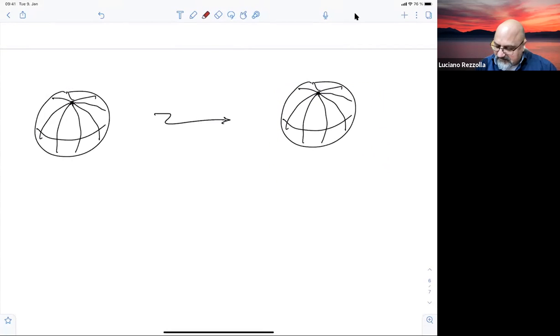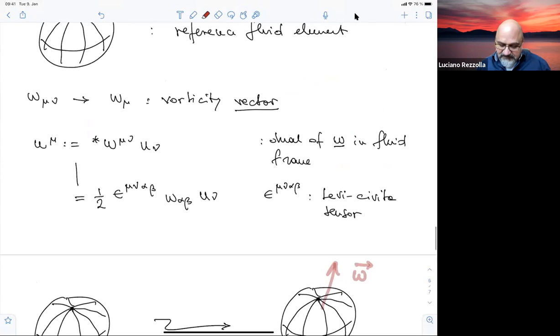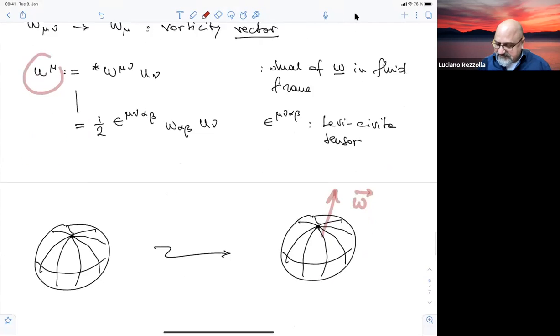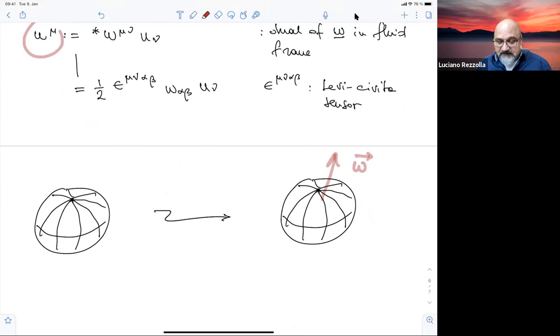So let me say that I will have a certain rigid rotation with a given, let me use a little omega. Okay, so out of my 4-vector little omega, that's a 4-vector I introduced before, I can build a 3-vector, and I can use this 3-vector to find out about possible rotations of my fluid element.